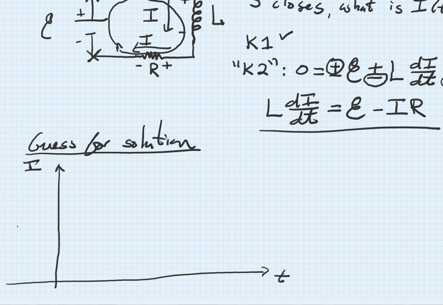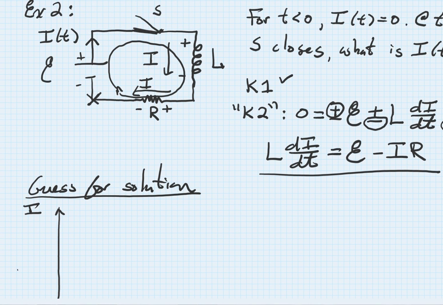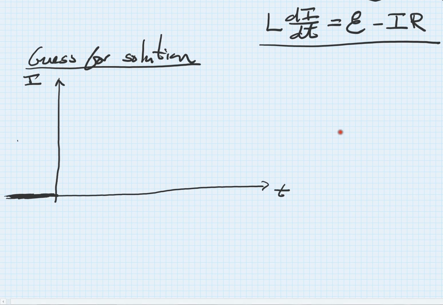The first thing we know, of course, is that before the switch closes, which happens at time t equals 0, the current is going to be 0. And now we should ask, what happens right at the instant when I flip that switch? What is going to happen to that current? This is when we flip the switch. When we close the switch.